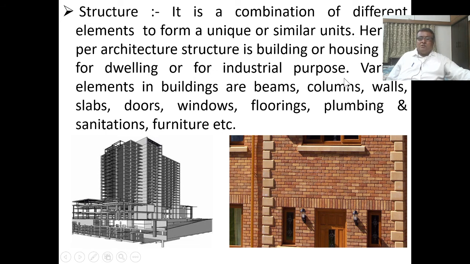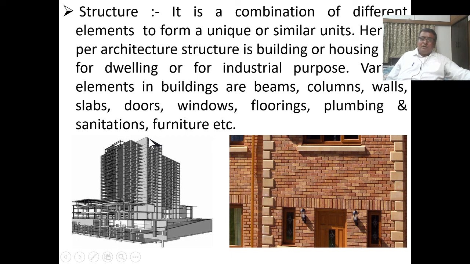So as far as architecture is concerned, a building is for housing, that is residential, or for industrial, that is commercial purpose. Various elements in buildings are beams, columns, walls, slabs, doors, windows, flooring, plumbing and sanitation, furniture, etc. These are all components that contribute to the structure of the building.